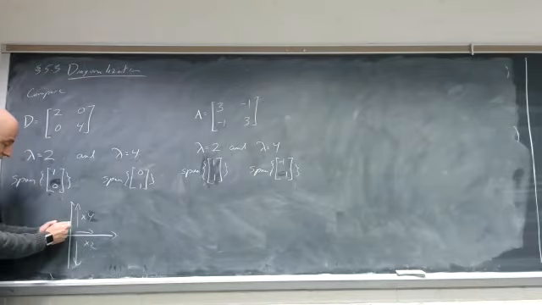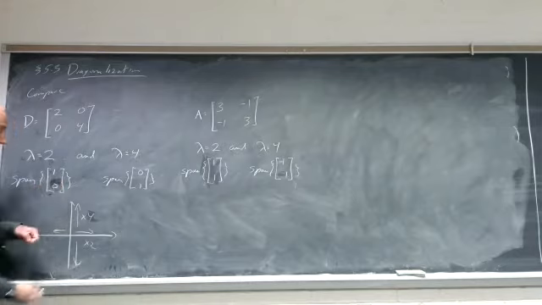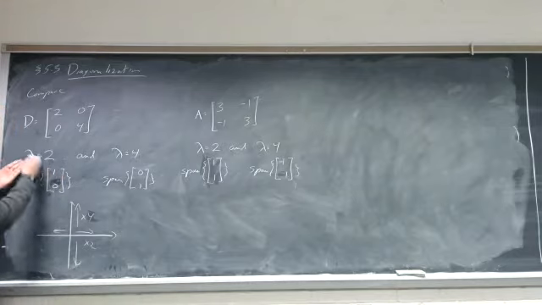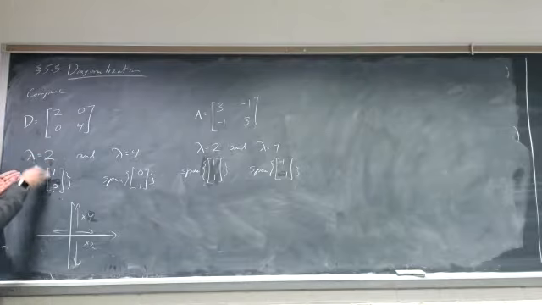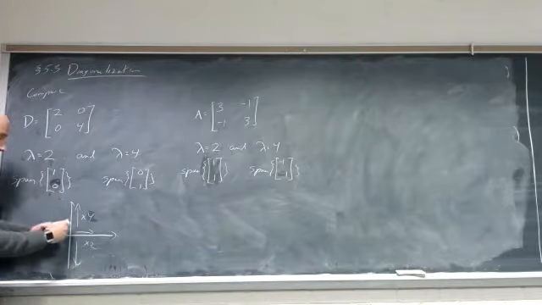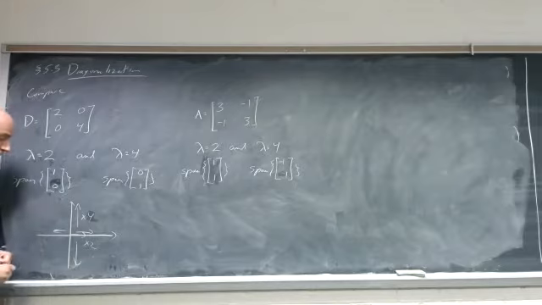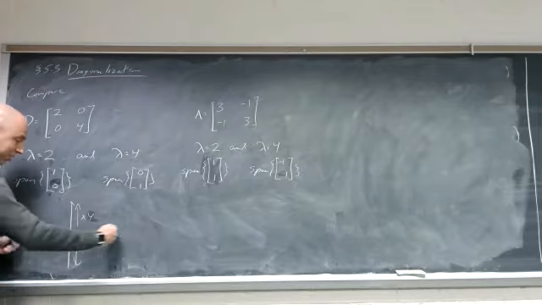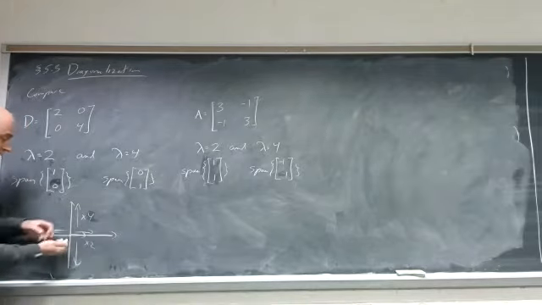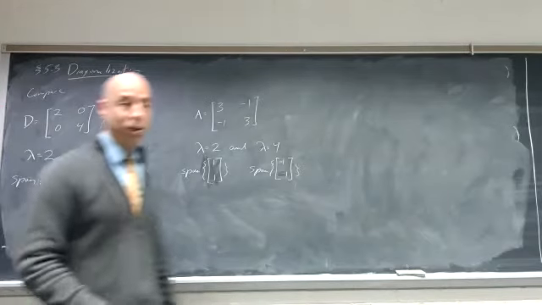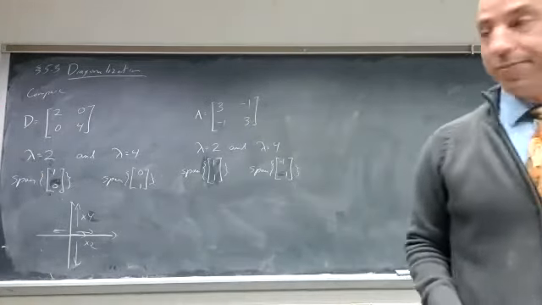So you take vectors and stretch them by a factor of 2 horizontally and by a factor of 4 vertically. Lambda equals 2 corresponds to the direction 1, 0, which is along the horizontal axis. We're stretching things by a factor of 2 horizontally, and by a factor of 4 vertically.